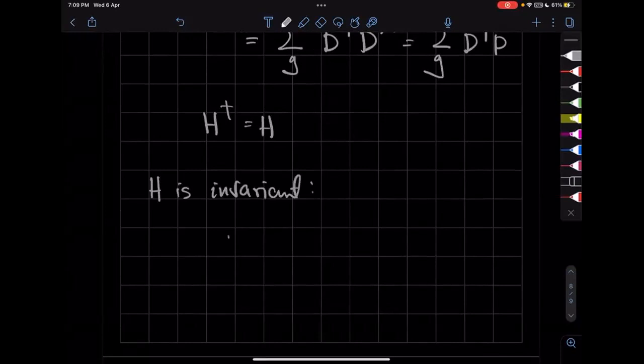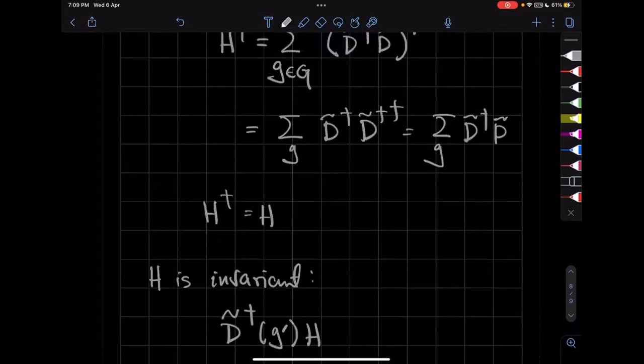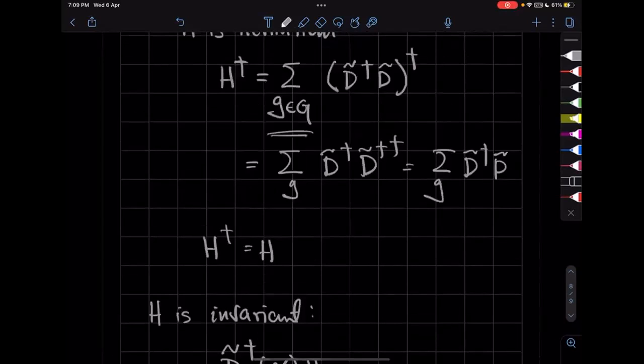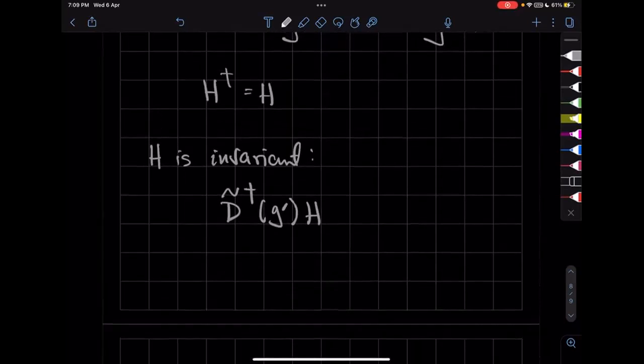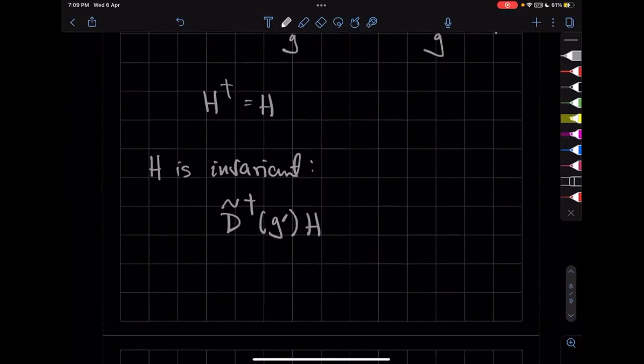Invariant in what sense, you ask? Well, if I take d tilde dagger, which is a function of, say, G prime, H is, of course, not a function of G because we have summed over all G. So the dependence on G has been summed over or integrated over.